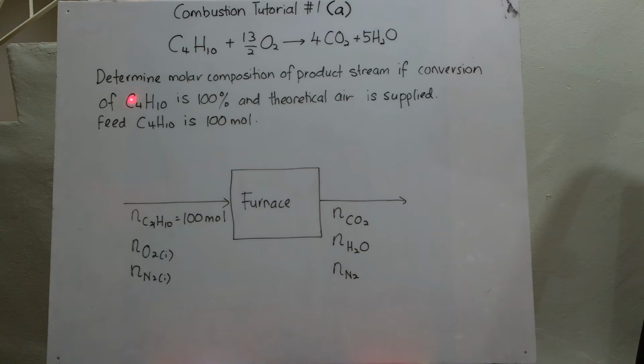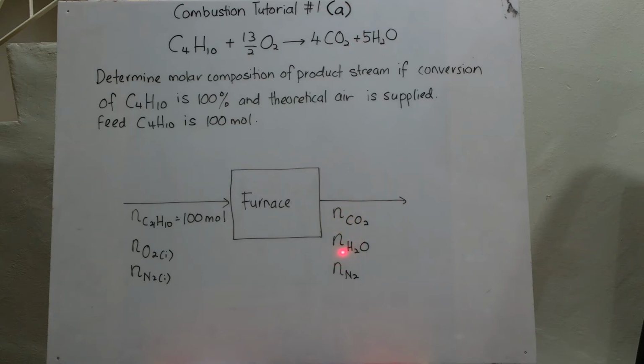Okay, so the question wants us to find the molar composition of the product stream. Since butane is 100% used and we are being supplied with theoretical air, which will follow how much butane is fed, we know that we only will have CO2 and H2O as our product.